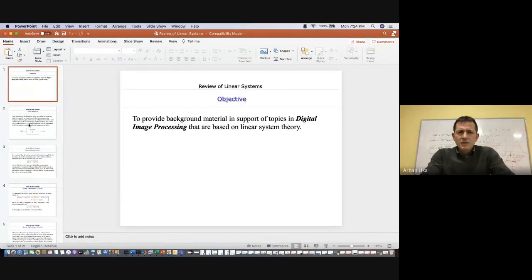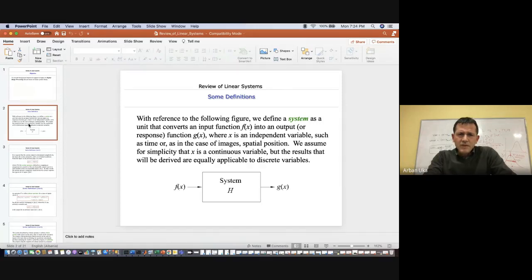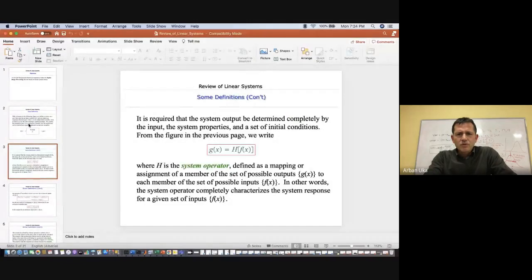Now, let me see what essential elements we have in linear systems theory. We're going to see that many operations that we conduct on images are linear operators. And the moment we say that they are linear operators, we can represent them using linear algebra.